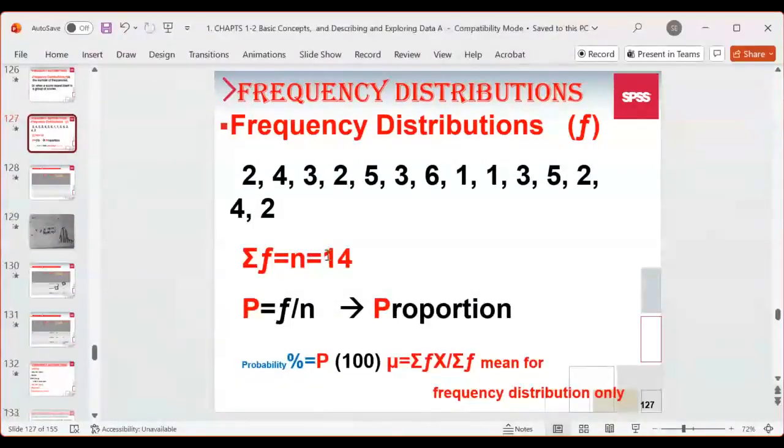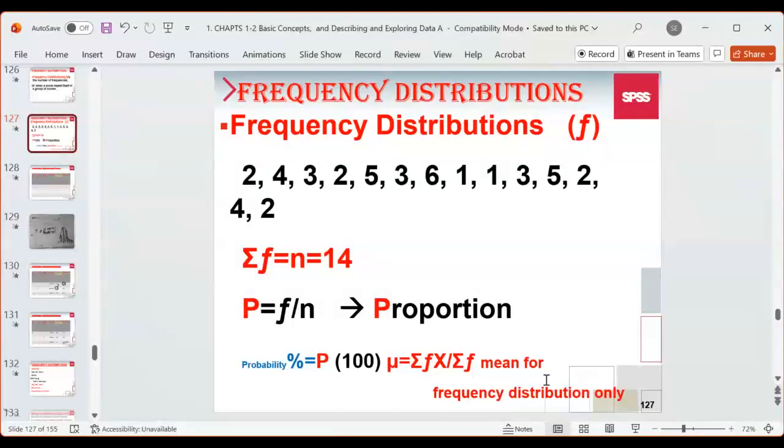If you have a bunch of numbers like that, and you're asked to calculate the mean. Mean, by the way, this symbol, mu, the one that looks like a U, is a Greek symbol, mu. And it is equal to the sum of fx divided by the sum of f.